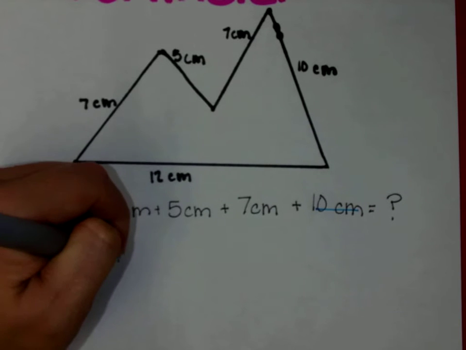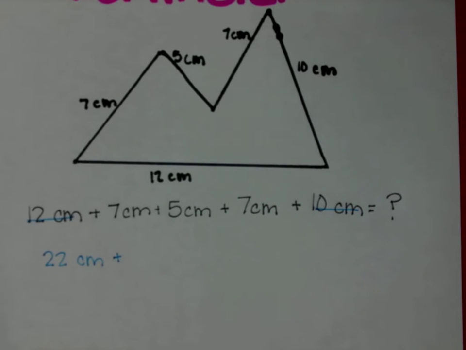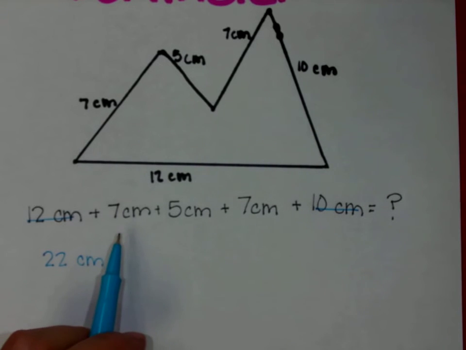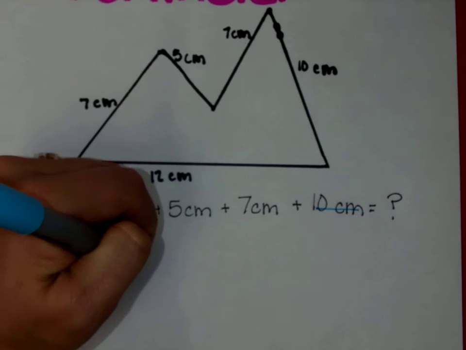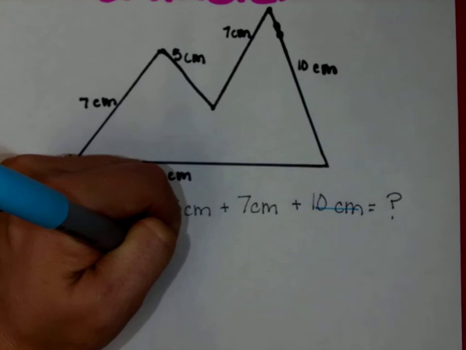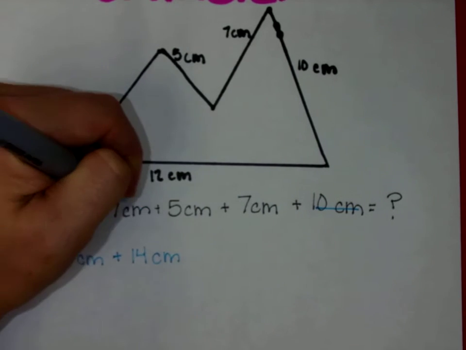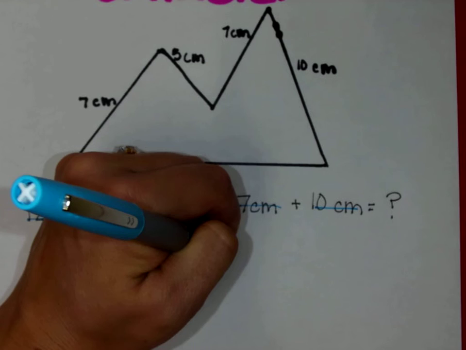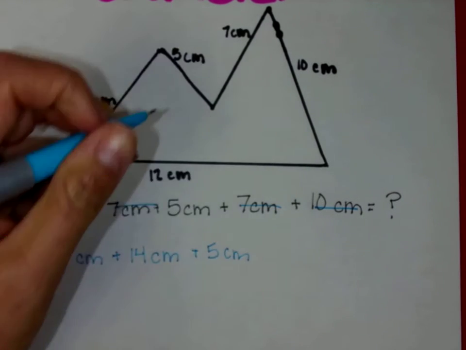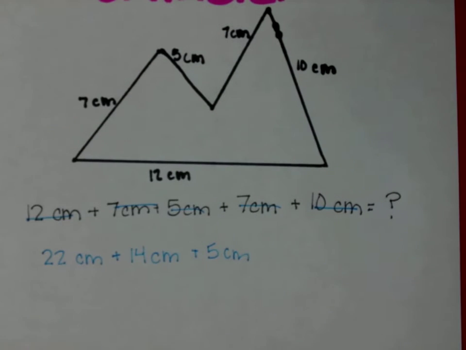Now I need to break this down so I can add some more numbers together. So here's 7 and 7. I can easily do that in my head. That makes 14. So I'll add that here. I'll cross those out. And then plus 5 centimeters. That's the last one I need to bring down.